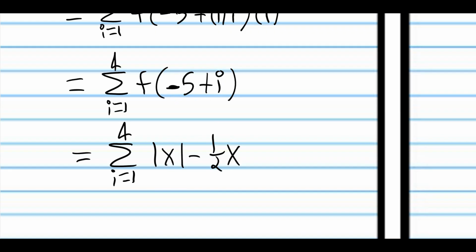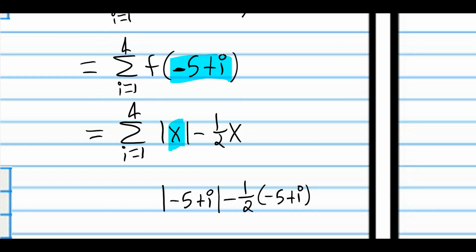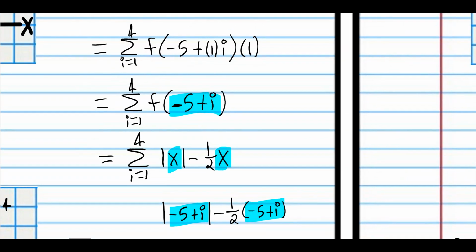So I'm going to replace that with absolute value of -5 plus i minus 1/2 times -5 plus i. So you see how I plugged in that for every x value? That's what f of -5 plus i means.